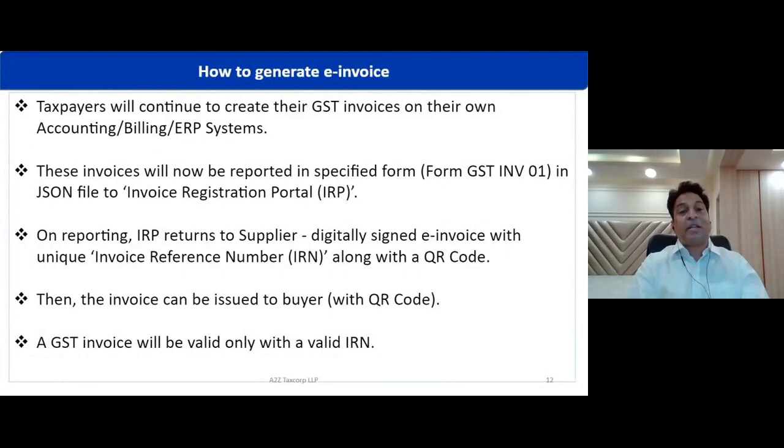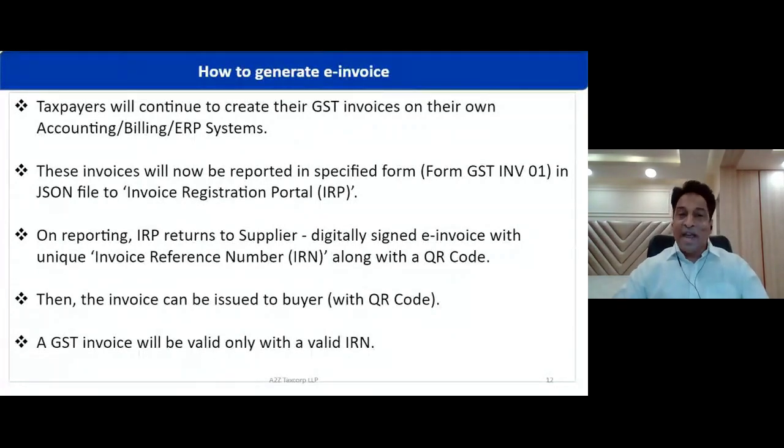So it is the responsibility of the buyer to ensure that if the supplier is liable to generate e-invoice, he must generate it with the IRN, digitally signed with the QR code. If as a buyer you are not getting it, then that invoice would be called an invalid invoice, and credit in the hands of the buyer would be denied. So it is a responsibility of the buyer also now to check whether the supplier is really required to generate e-invoice.